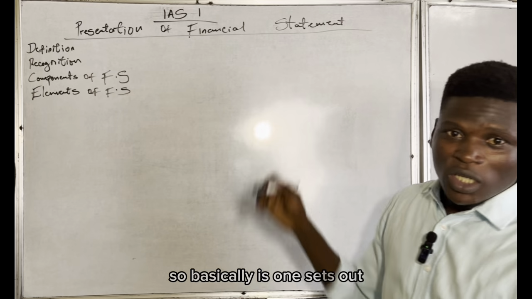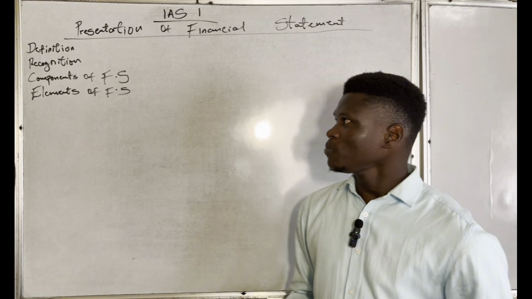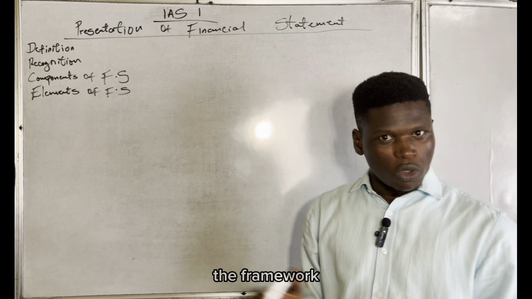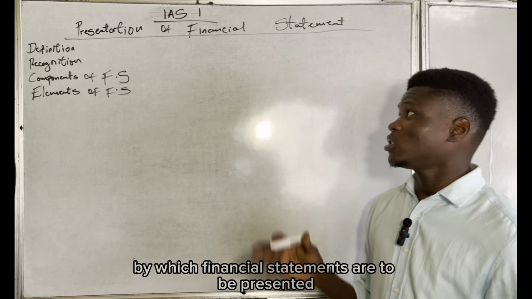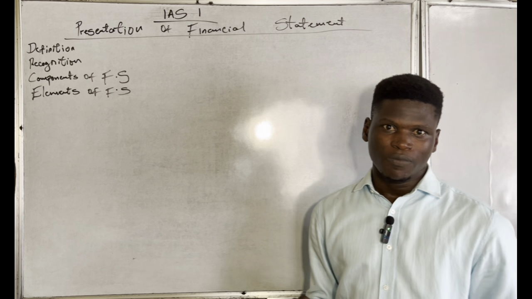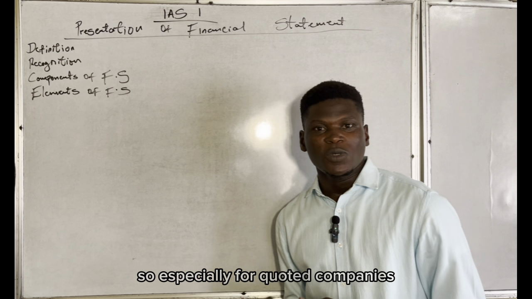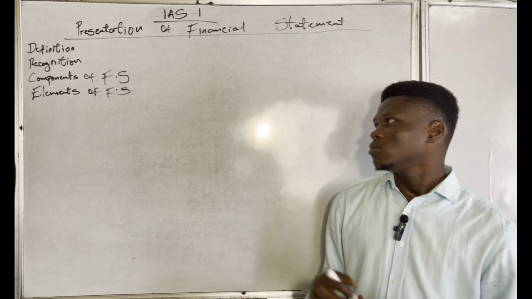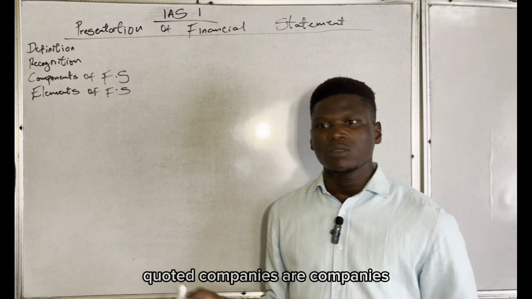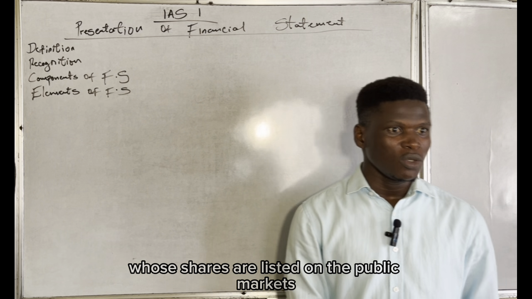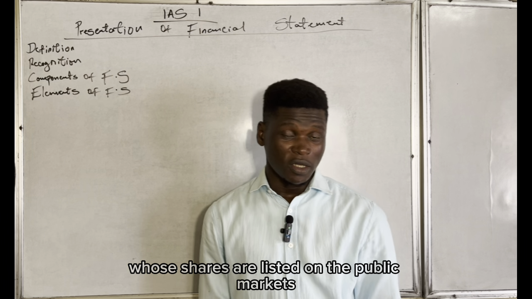So basically, IAS 1 sets out the framework by which financial statements are to be presented. So especially for quoted companies, which are companies whose shares are listed on the public market.